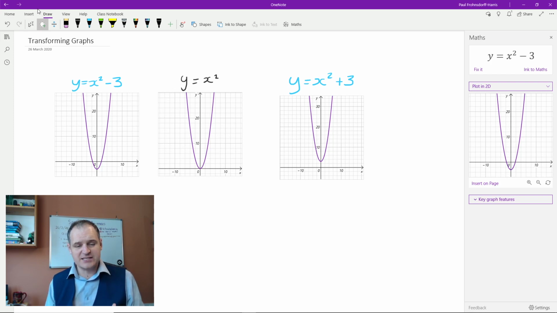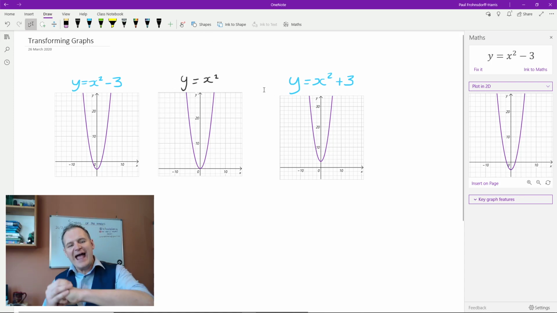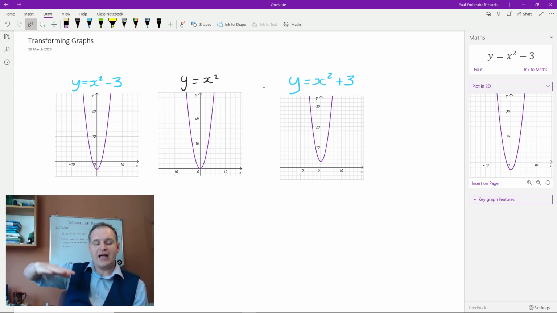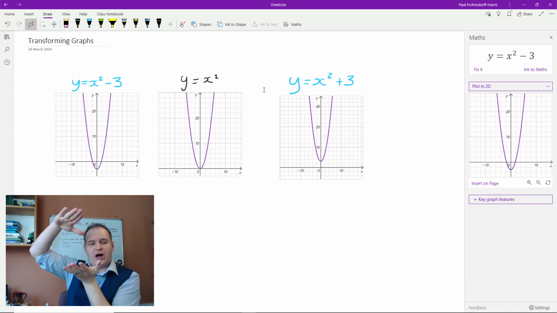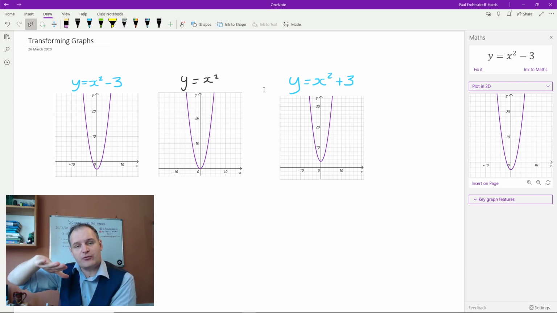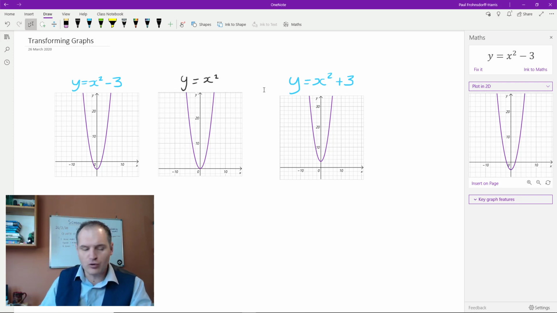In this case, the original equation we started with, y equals x squared, we've then, after getting that amount, added 3 or taken away 3. So one adds 3 and moves all of the outputs up 3. One takes y equals x squared and moves all the outputs down 3. What we therefore have got is moving up and down, and we can come up with a rule here.